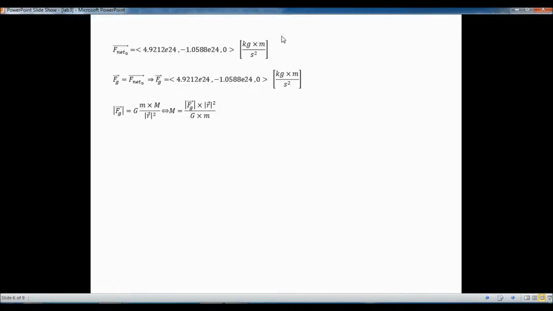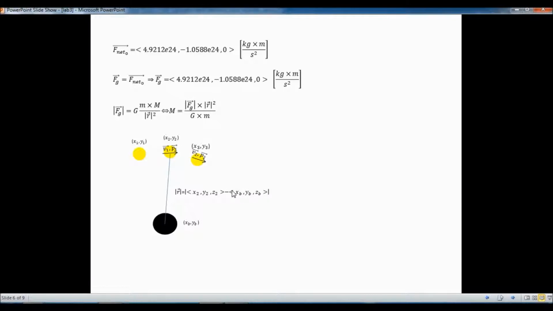F net has this value, but in our system there is only the gravitational force. So Fg is equal to this value. From the gravitational equation, and after doing some math, we can estimate M. We just found Fg, G is known, m is given, and r is given from this equation.